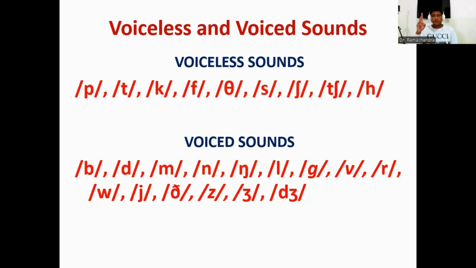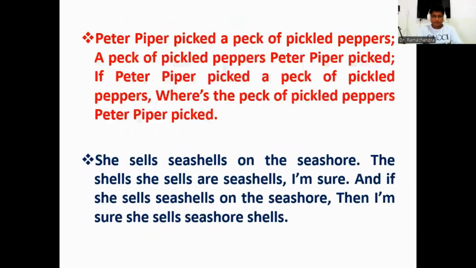Two laws I told you in British accent, according to phonetics: g, v, r, w, y, d, z, j. So look at voiceless and voiced. Now we go for practice.